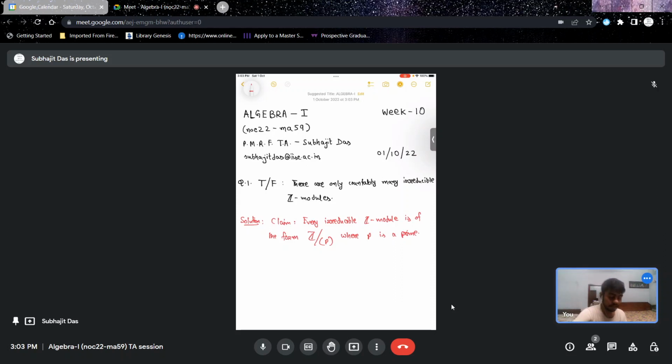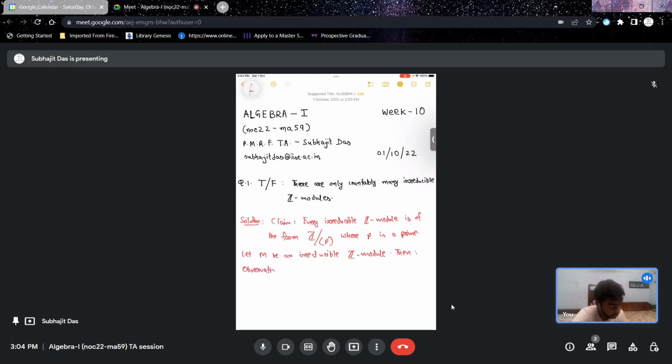Before we move on further, let M be an irreducible Z module. Then these are our observations, which are very easily checked.